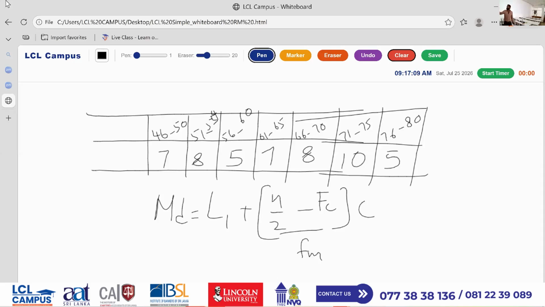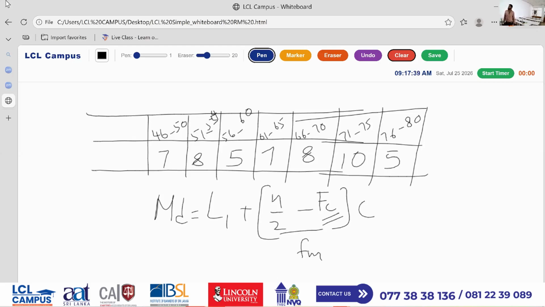What is the meaning of FC? FC means cumulative frequency of the class below the median class. FM is the frequency of the median class.